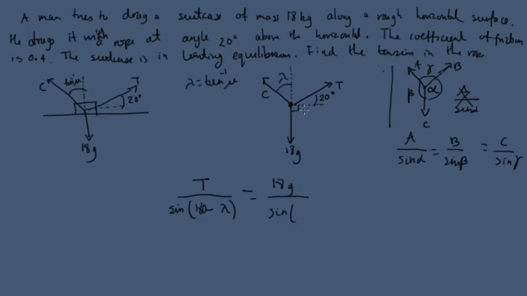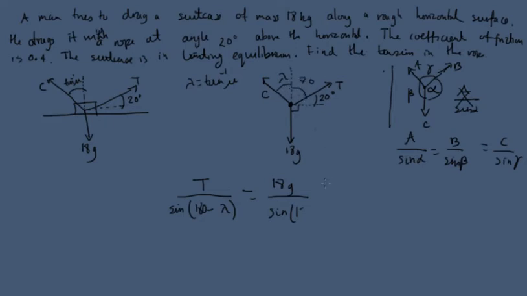So this is 90, this is 20, and this is lambda. So 180 minus 90 minus 20 is going to be 70.